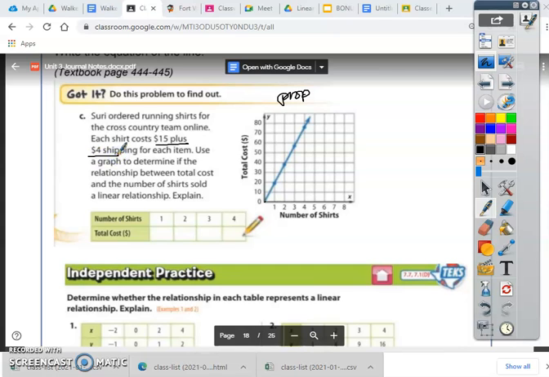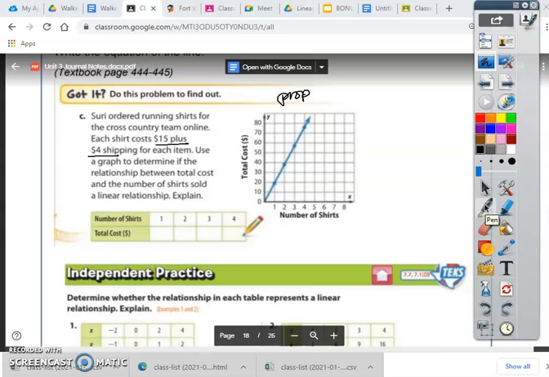Use a graph to determine if the relationship between the total cost and the number of shirts sold is a linear relationship. So I'm going to have to kind of double check this because it looks proportional, but it also looks like it could be a little bit above that.